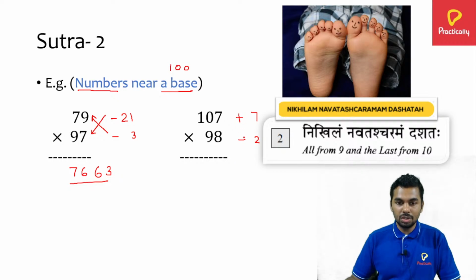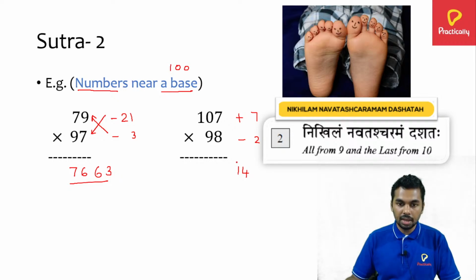Now the last two digits of the answer are obtained by multiplying these two numbers, plus 7 and minus 2. Remember, there is a plus and there is a minus. So the answer is going to be minus 14. 7 multiplied by 2 is 14, but there is a negative sign here, so you have to consider that negative sign.